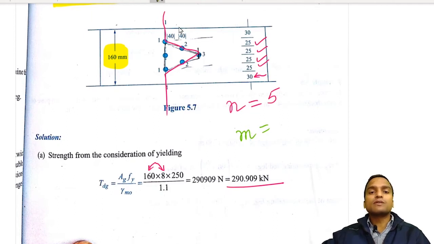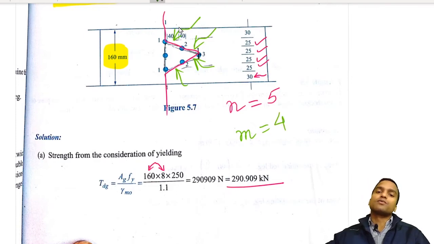Now how many staggerings are there? If we count the number of staggerings, this is my first staggering from 1 to 2, then my second staggering from 2 to 3, then my third staggering from 3 to 2, and then my fourth staggering from 2 to 1. So there are 4 staggerings.